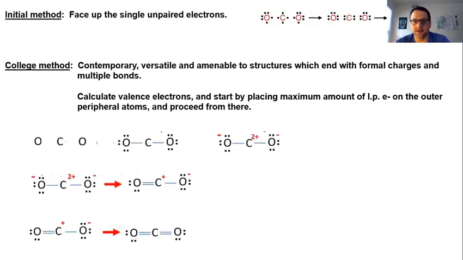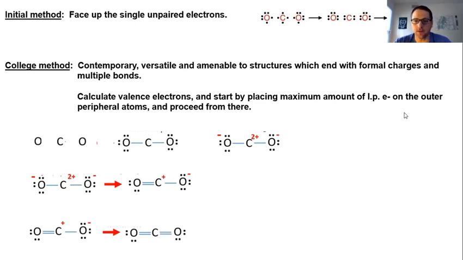Next slide in this introduction, let me just move my head. The initial method that you kind of know right now, based on previous coursework, to your credit, is kind of pairing up the lone pair electrons, as for instance for carbon dioxide, and bonding them. Yeah, it works.